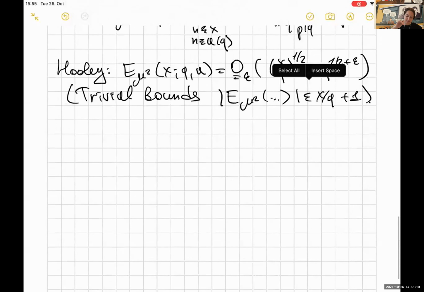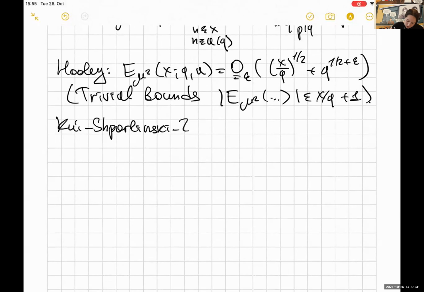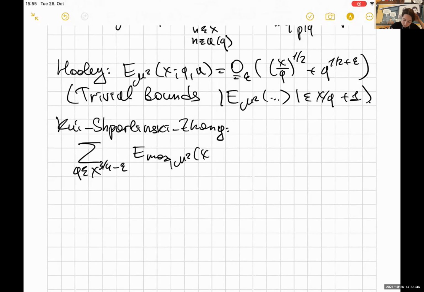Then the fairly recent result, the best I know, if you know something better, tell me, is by Kuisch, Pelinsky and Zhang, I don't remember the year. They showed that if you sum over q up to x to the 3/4 minus epsilon of E max mu squared of x, q, then you get a power saving on the right hand side.